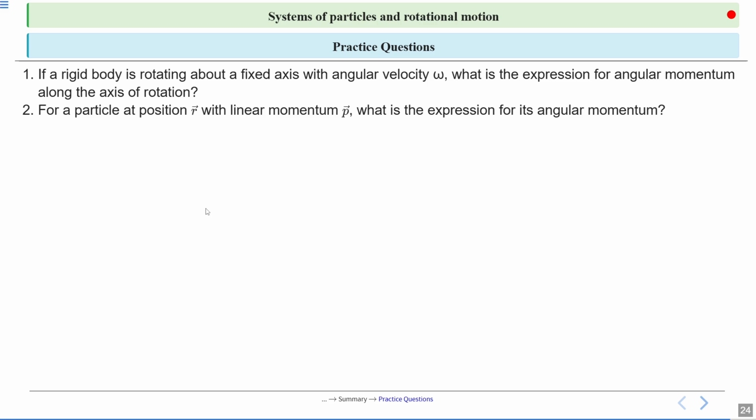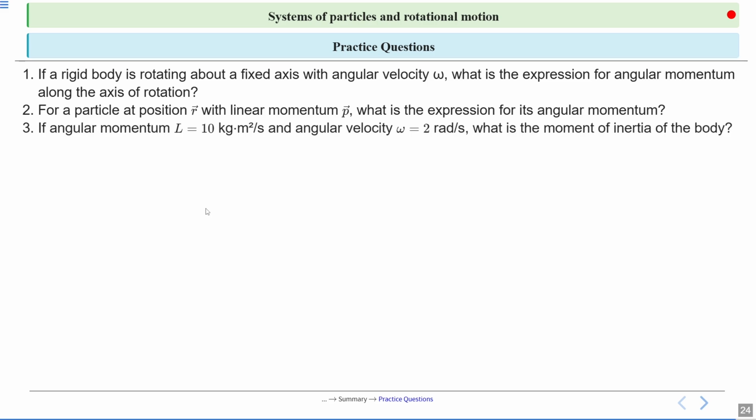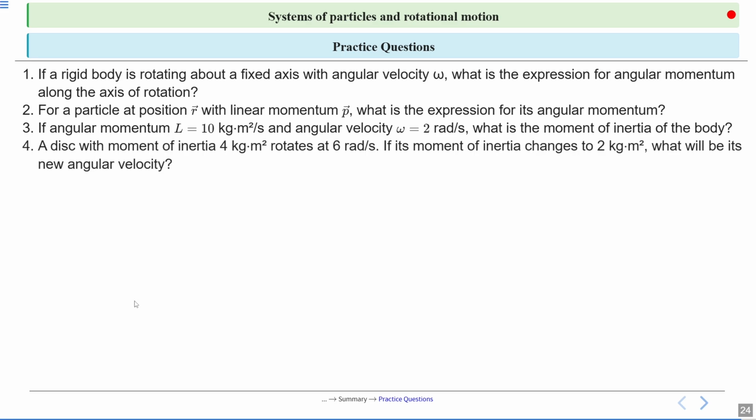Next one, if angular momentum L is equal to 10 kg meter square per second and angular velocity omega is equal to 2 radian per second, what is the moment of inertia of the body? Fourth one, a disk with moment of inertia 4 kg meter square rotates at 6 radian per second.